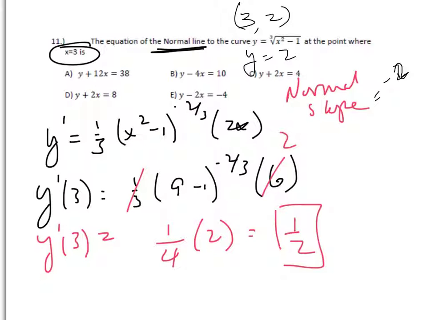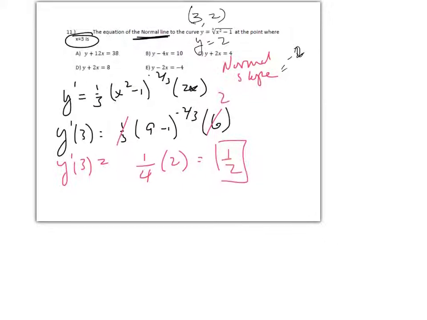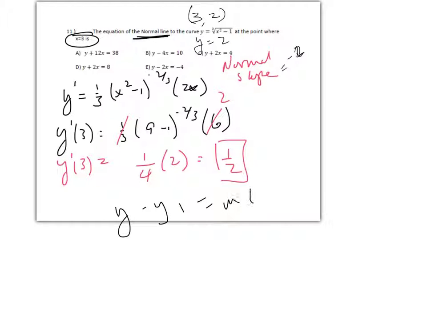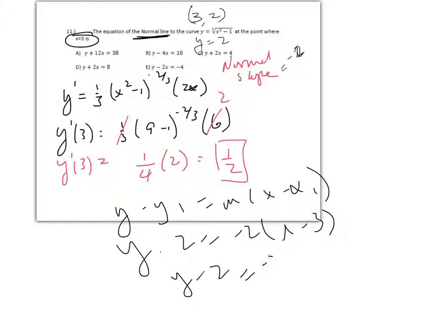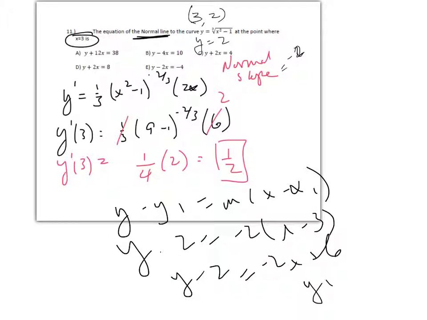Knowing that, we're going to now do our point slope formula. So y minus y1 equals m times x minus x1. And we get y minus 2 is equal to negative 2 times x minus 3, giving you y minus 2 is equal to negative 2x plus 6, giving you y plus 2x equals 8, which is choice D. Good.